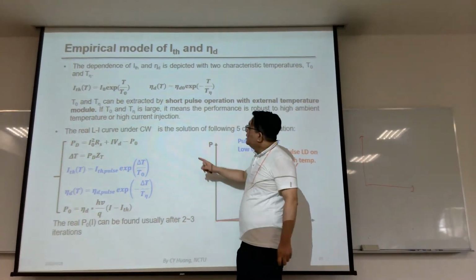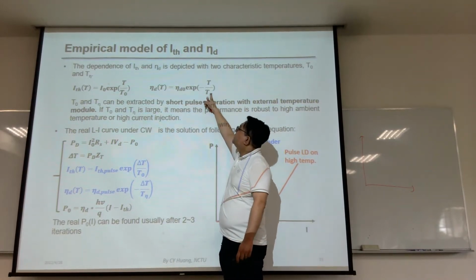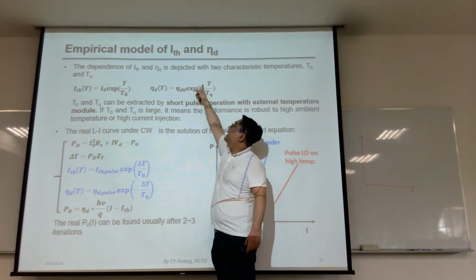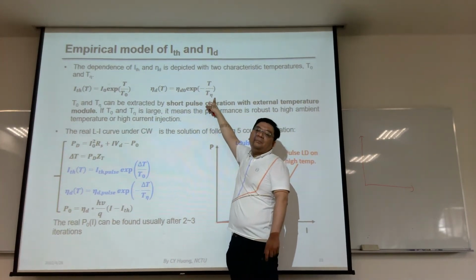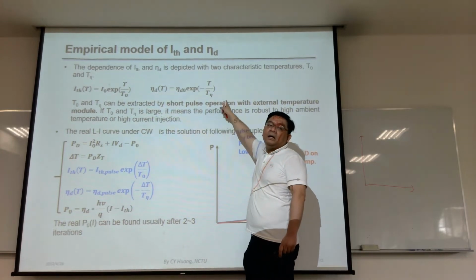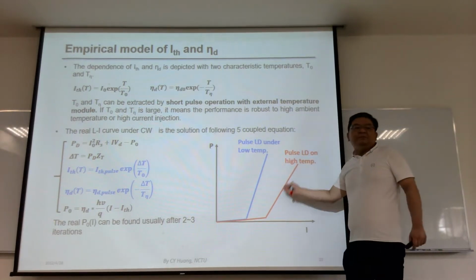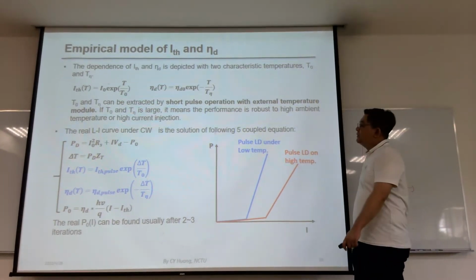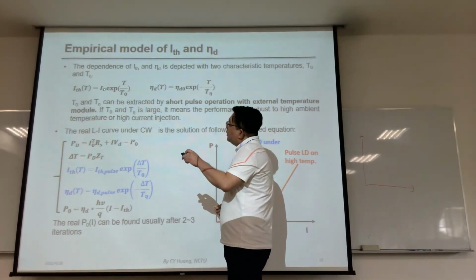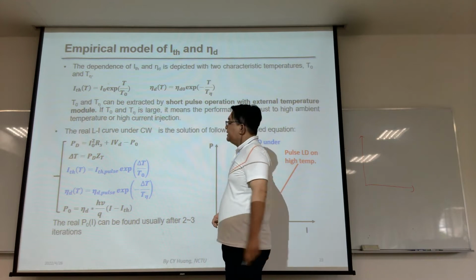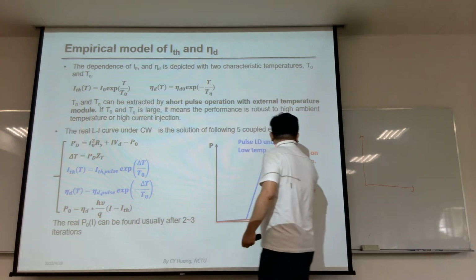And for differential efficiency, because it will reduce, it is also modeled with an exponential term, where you have a minus sign here. It's also modeled by another parameter called T zeta. If the T zeta is high, that also means your slope is more resistant to the temperature. Okay. So since we don't know what the I0 and the zeta T0 are, we need a reference since they are only fitting parameters.